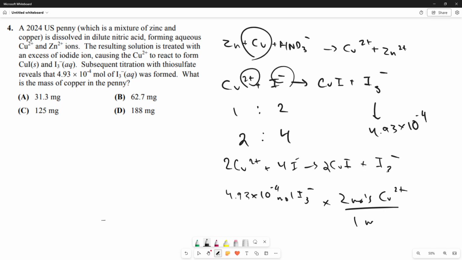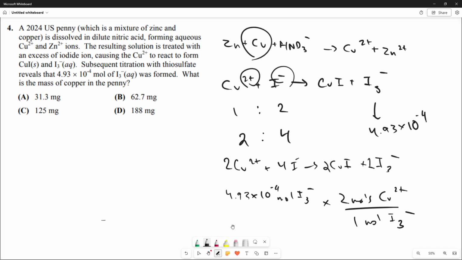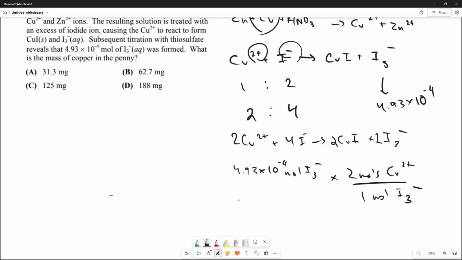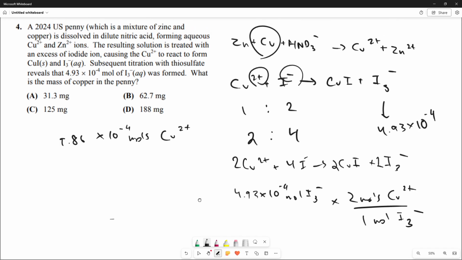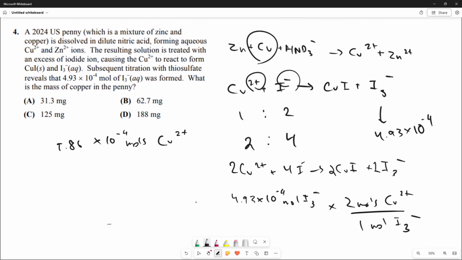So when we multiply by 2, we get 9.86 times 10 to the negative 4th moles of Cu2+.